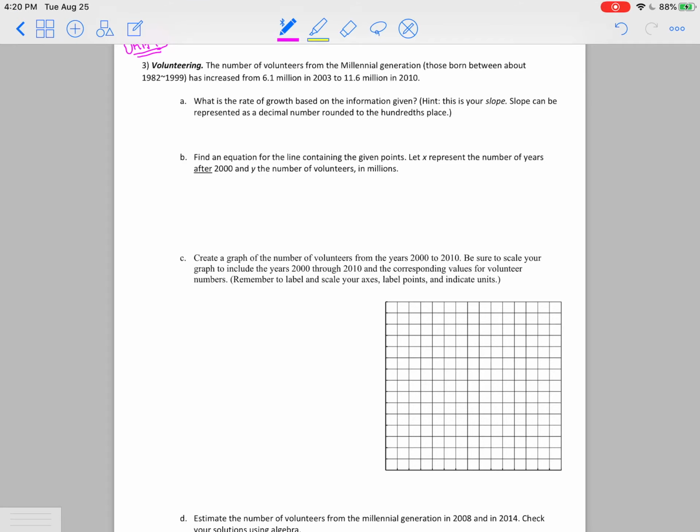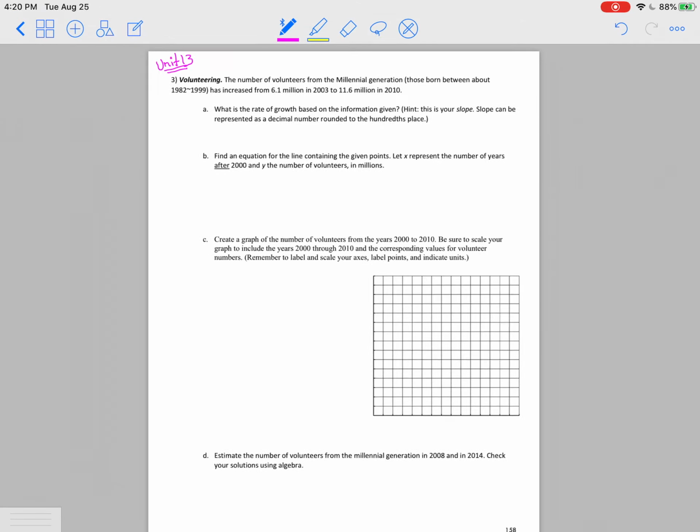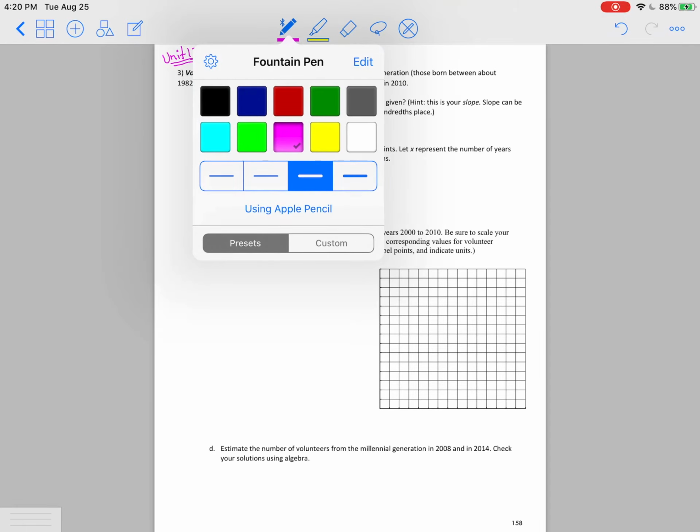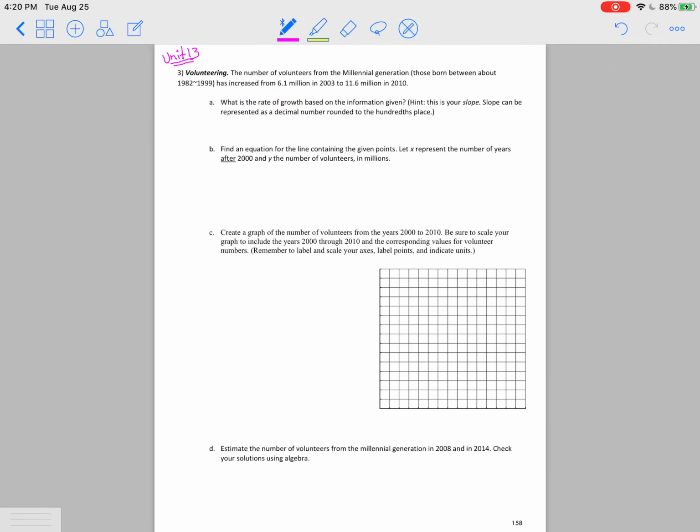Remember, when we're dealing with linear equations, we use the slope-intercept form, which is what we've been using this whole quarter. You have just 2 objectives: you need to find your m and you need to find your b. Once you find your m and your b, you are good to go. If you're given a graph, you can find those on the graph.